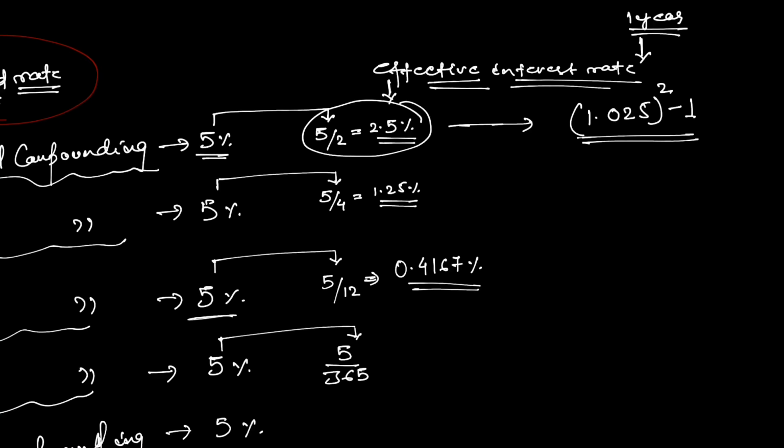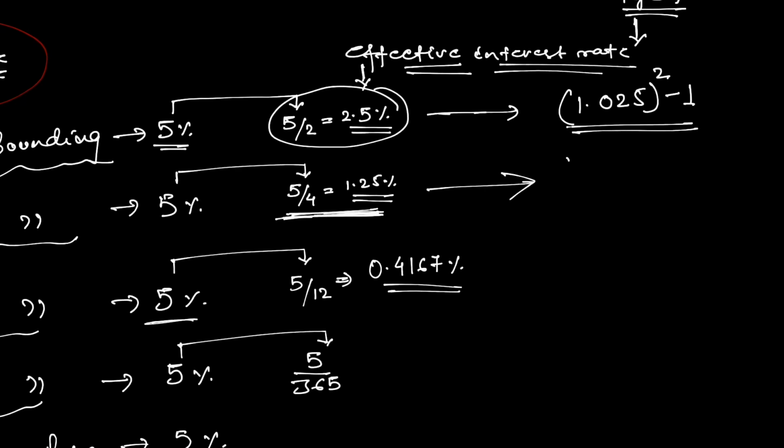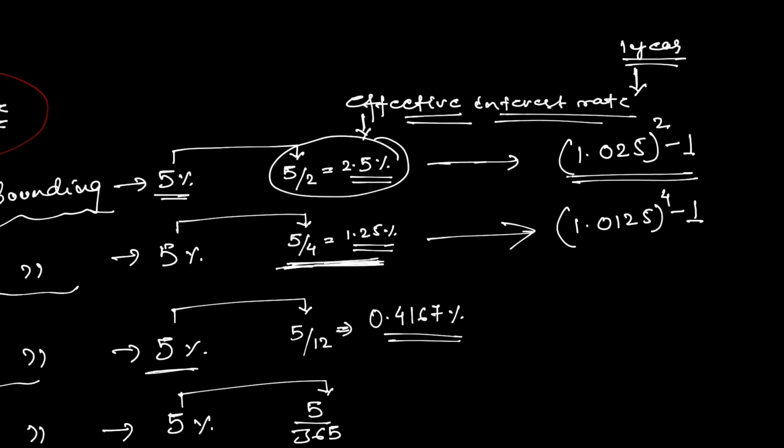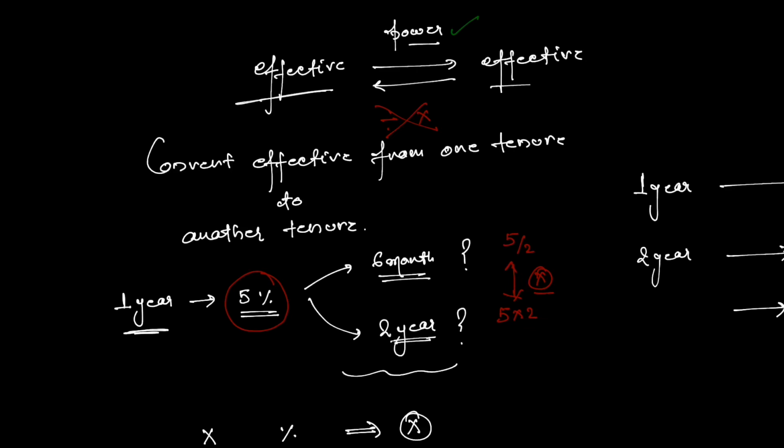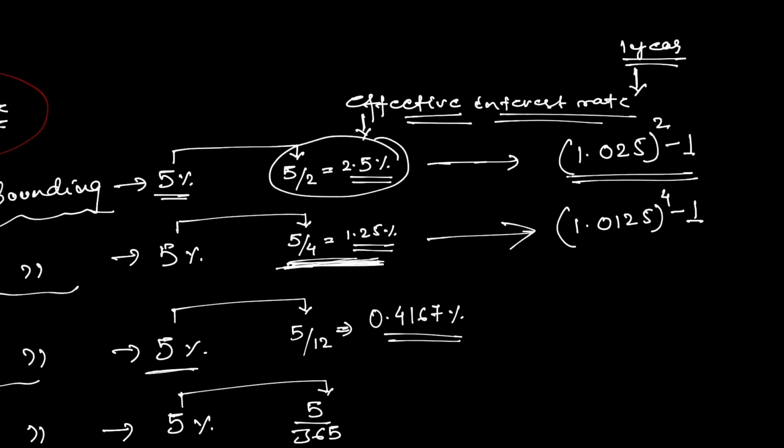Similarly, if you want to convert the effective interest rate of 1 quarter to the effective interest rate of 1 year, then you will play with power. Then it is 1.0125 raised to the power 4 minus 1, right? That will give you the effective interest rate of 1 year, because you are moving from the effective interest rate of a quarter to the effective interest rate of 1 year.